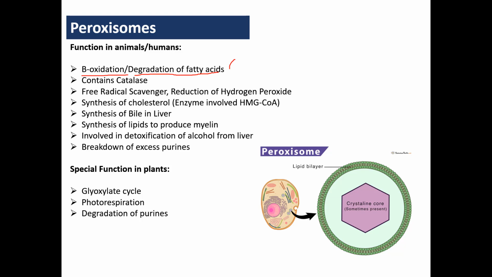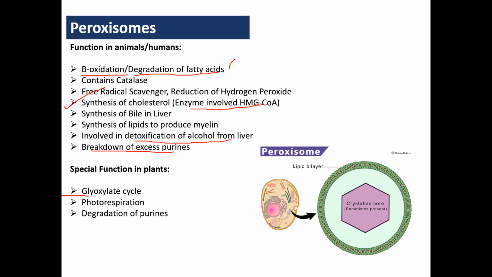Then it also helps in the synthesis of cholesterol. The enzyme involved is HMG-CoA. It helps in synthesis of bile in the liver, synthesis of lipids to produce myelin, detoxification of alcohol from the liver, and breakdown of excess fluid. So these are some of the functions of peroxisome in animals, and in plants they have some special functions.